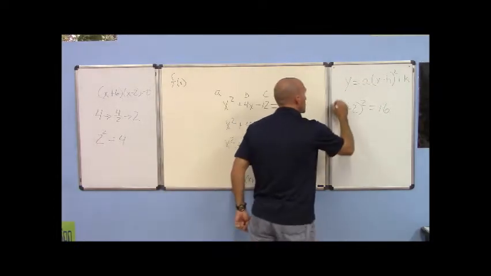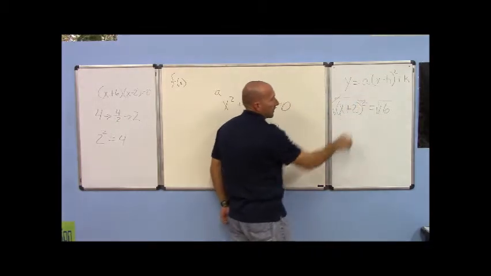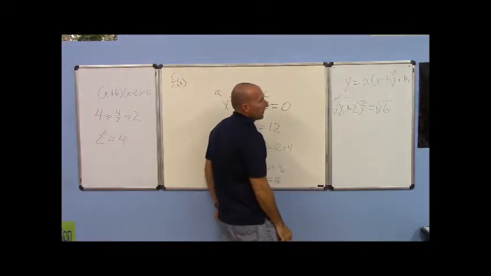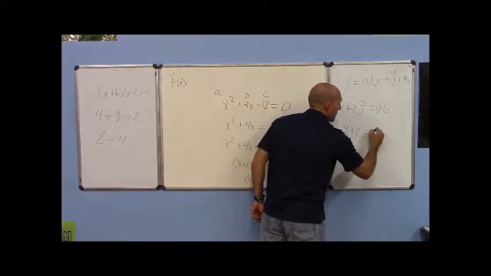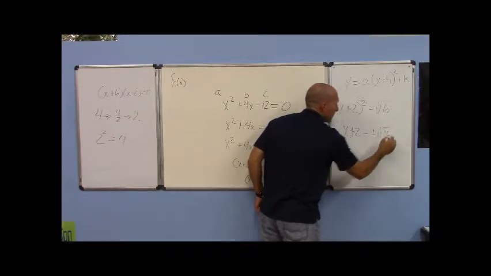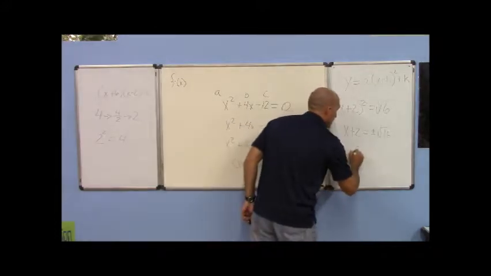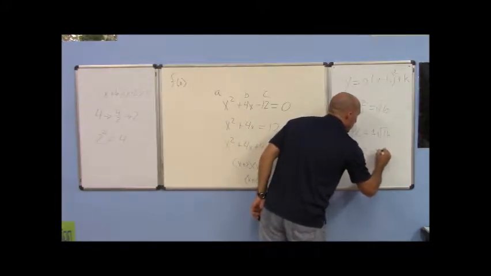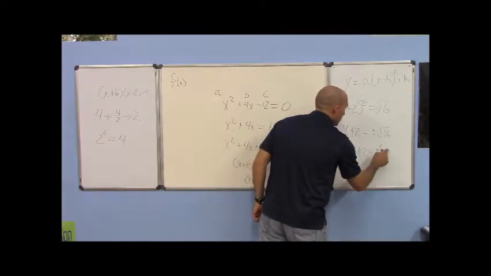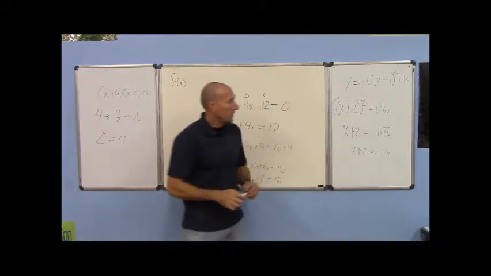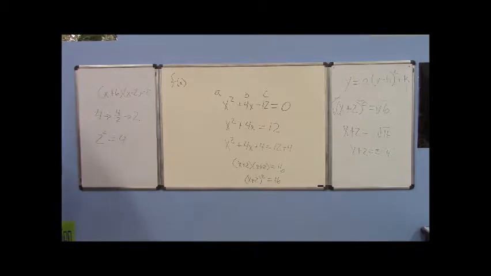The square root negates the exponent of 2, to where we have just x plus 2 equals plus or minus the square root of 16. What's the square root of 16? 4. So x plus 2 equals plus or minus 4, because a positive 4 times a positive 4 equals 16, and negative 4 times a negative 4 equals a positive 16.